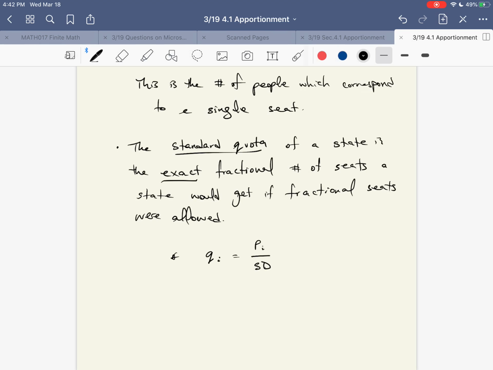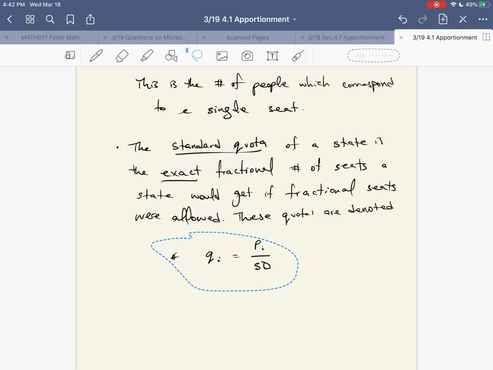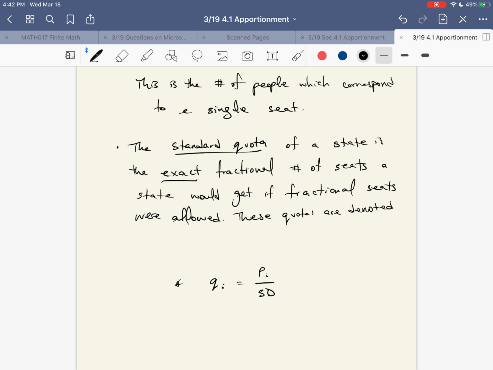If fractional seats were allowed, these quotas are denoted Q1, Q2 through Qn for states 1, 2 through n.